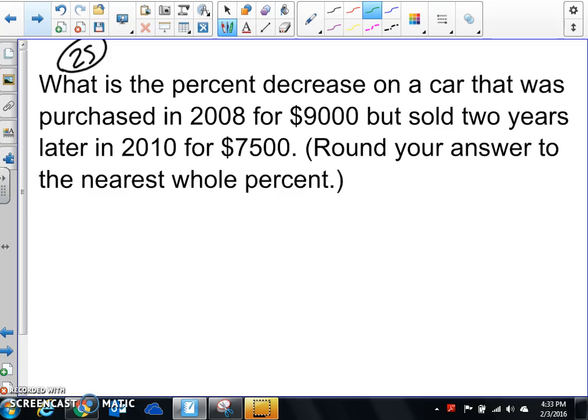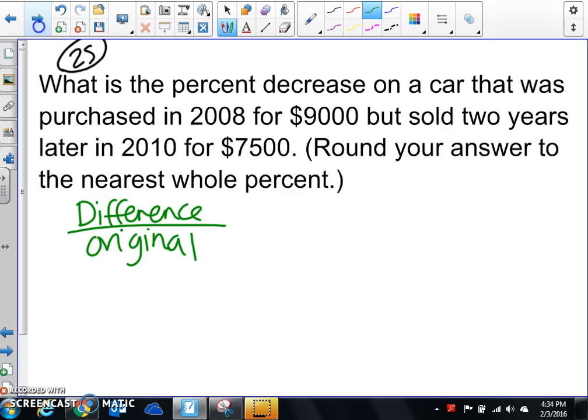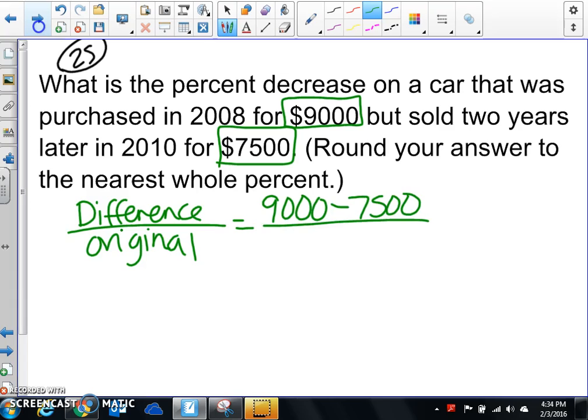What is the percent decrease? Okay, percent increase or decrease is difference over original. So 9,000 and 7,500, so I do 9,000 minus 7,500, and the original was 9,000.